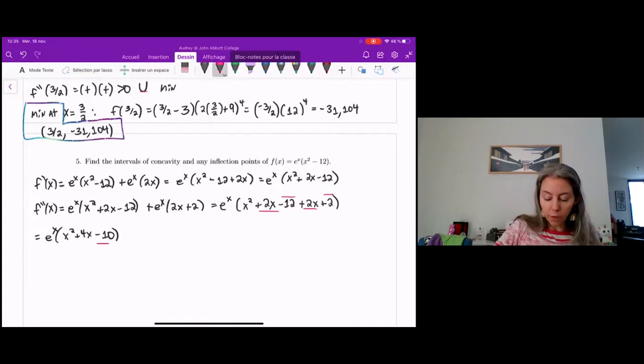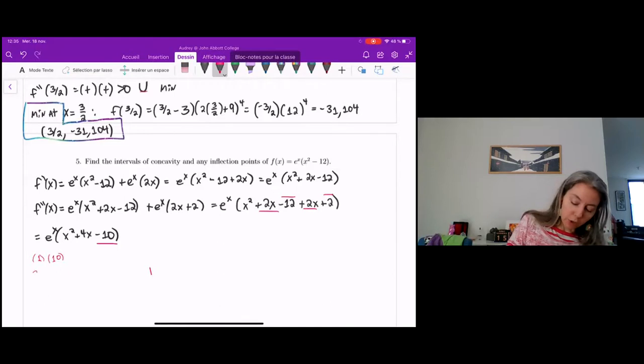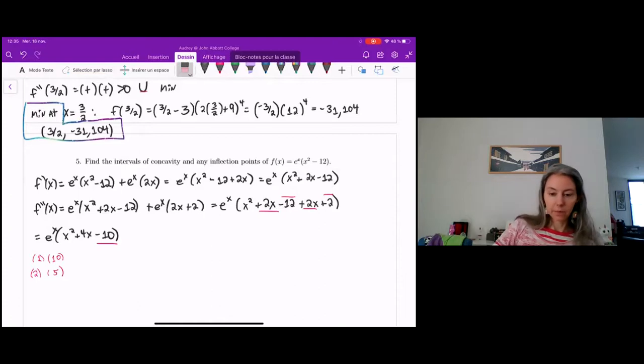I want two numbers that multiply to give me negative 10 and add to give me 4. So 1 and 10, not going to do it. 2 and 5, not going to do it. Which kind of brings us to, is there anything that's going to do it?